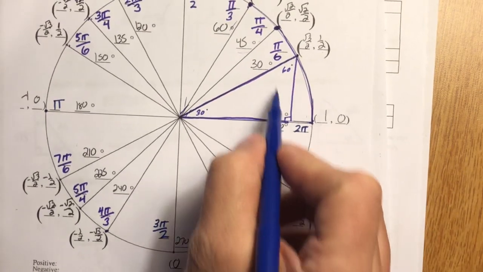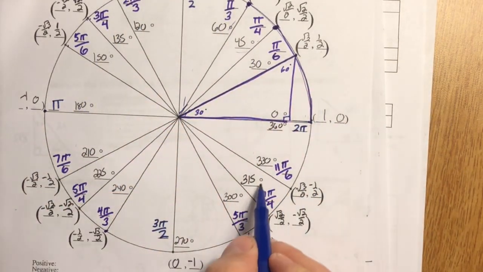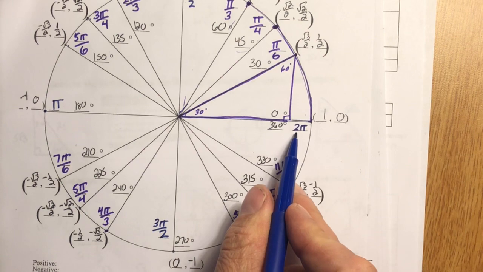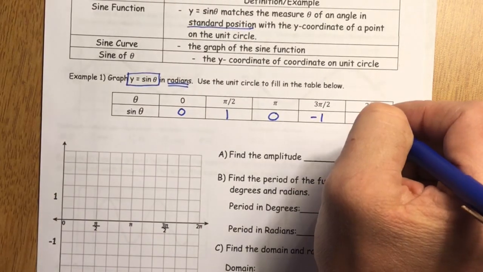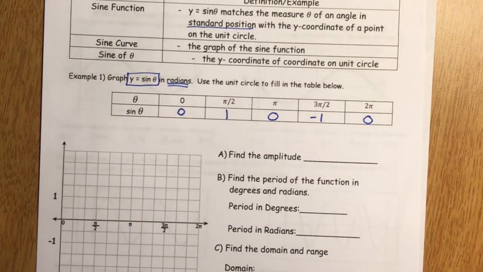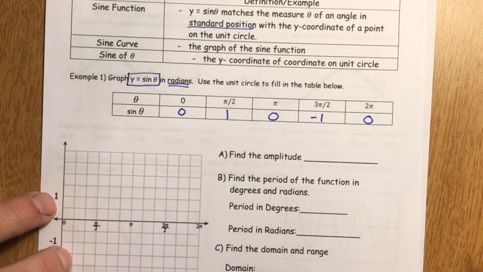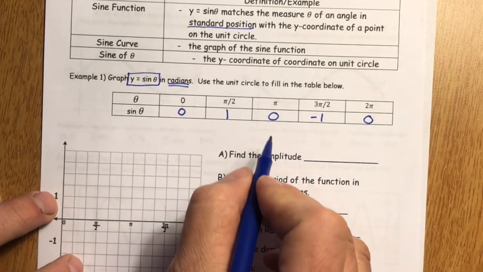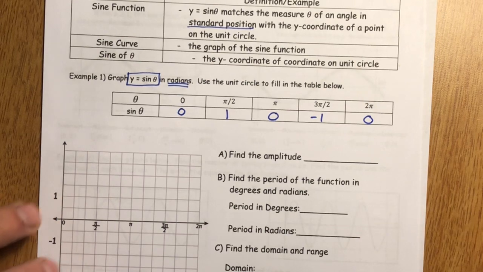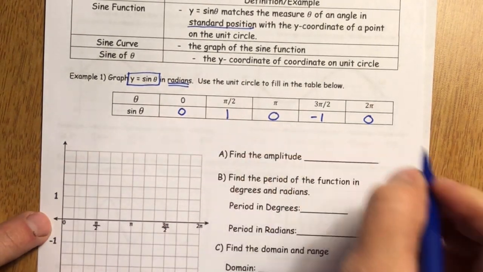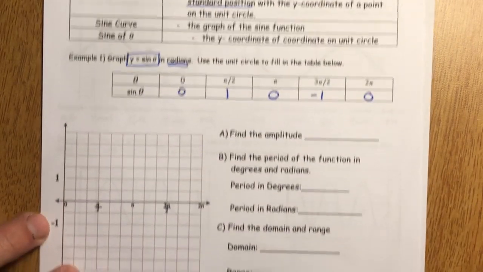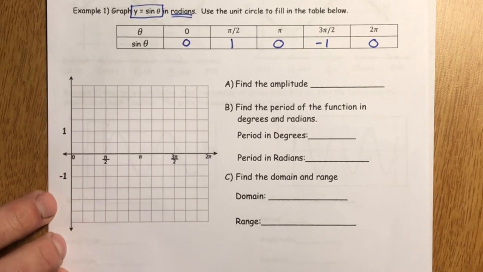And then rotating all the way around to 2 pi, the sine is going to be 0. So in essence, we're rotating around that unit circle and finding those y-coordinates as we land on the unit circle.